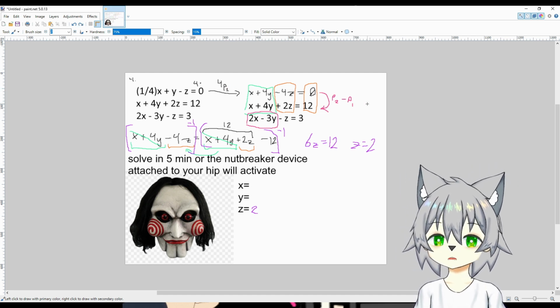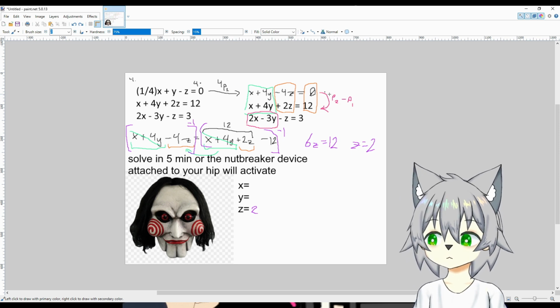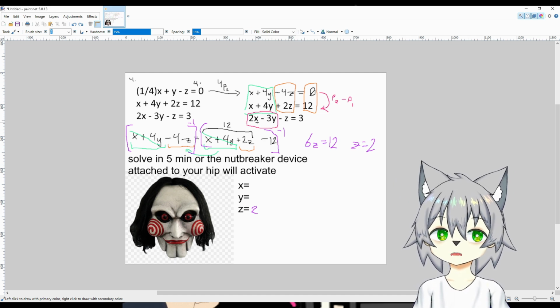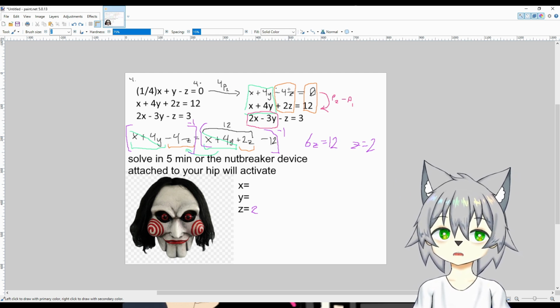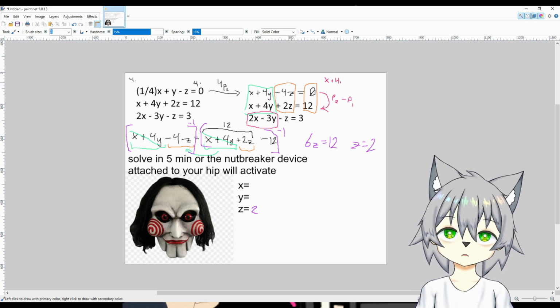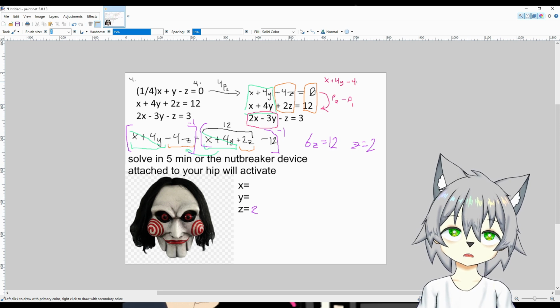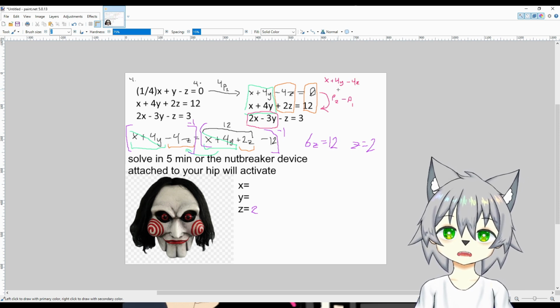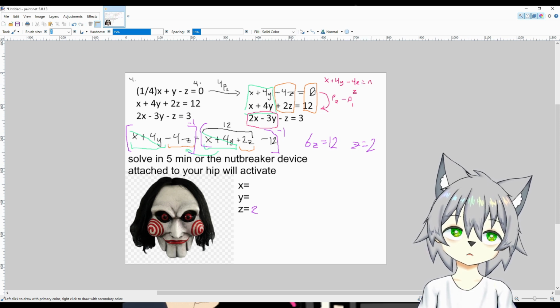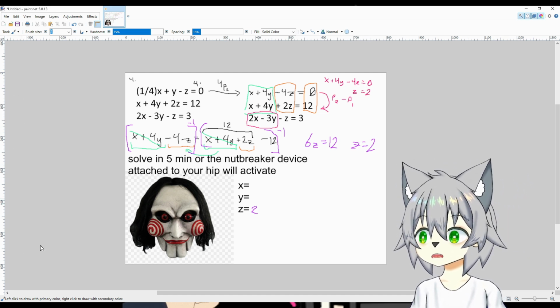We have a neat thing here where we have x plus 4y minus 4z, and then we did all this stuff here, so we got 0z equals 0 here, equals 2 here.